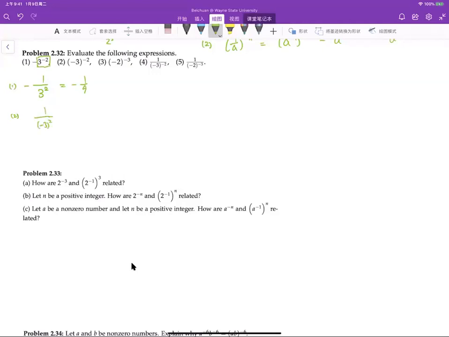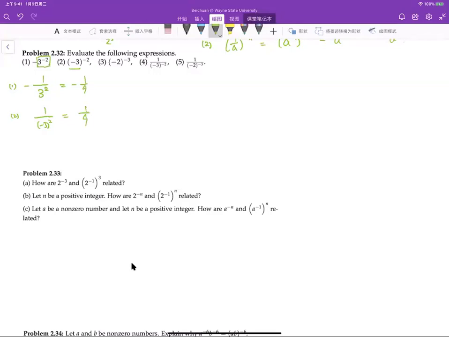So it's 1 over negative 3 squared. Then can you calculate the denominator? 1 over 9. Good. So the answer is 1 over 9. In this case, because there is a parenthesis, that means negative 3 is the base instead of 3.